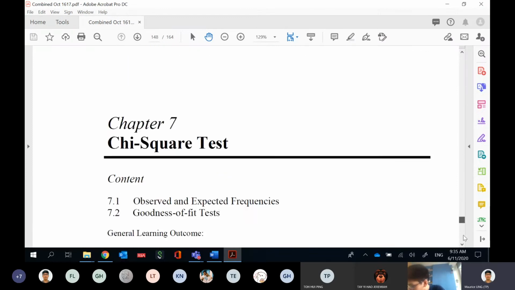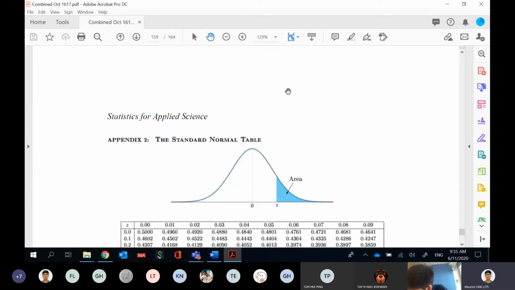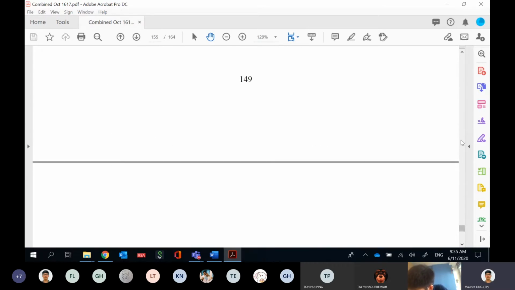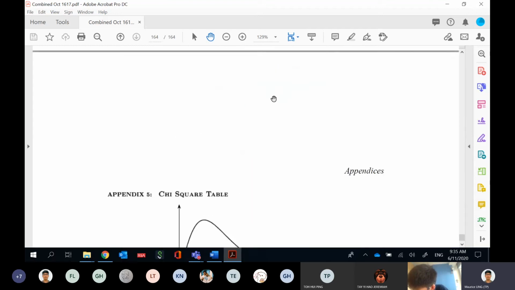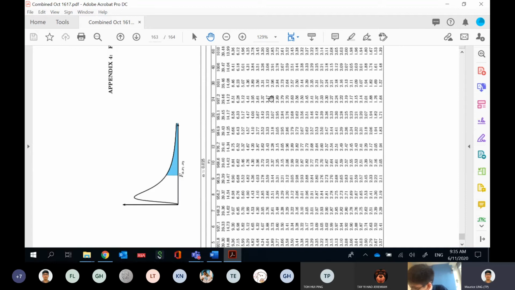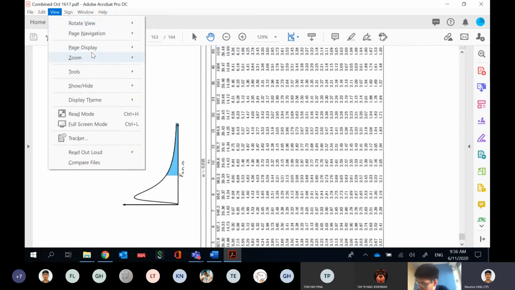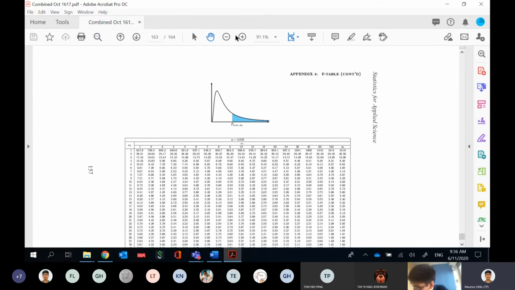Your F distribution table is actually not easy to read because it's a three-dimensional table. This is what you'll see.